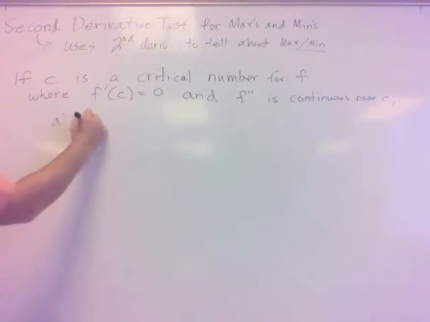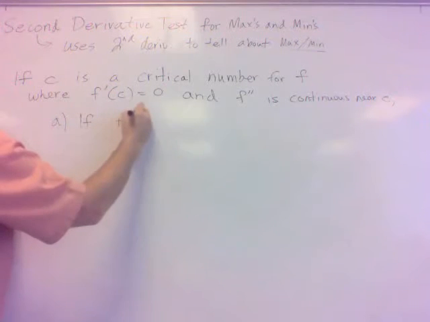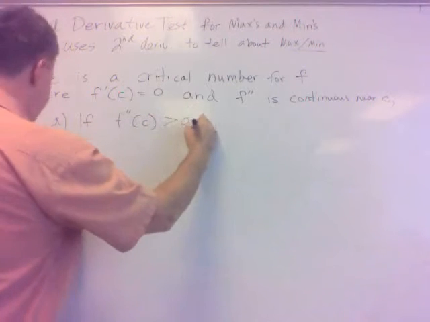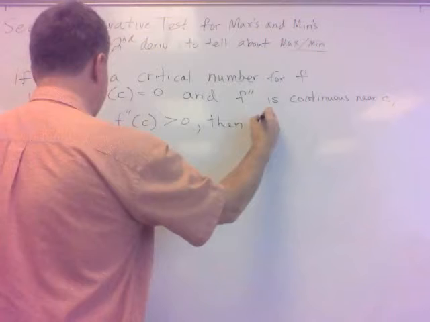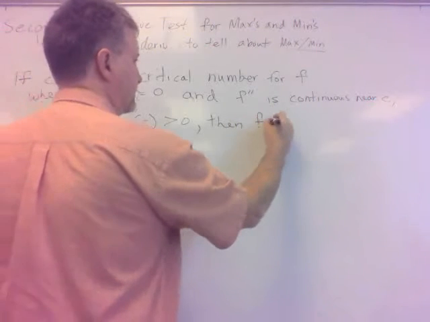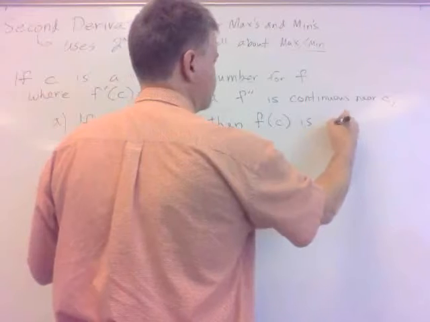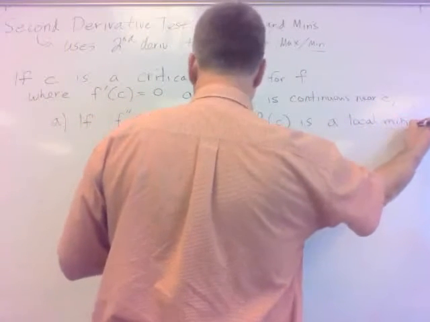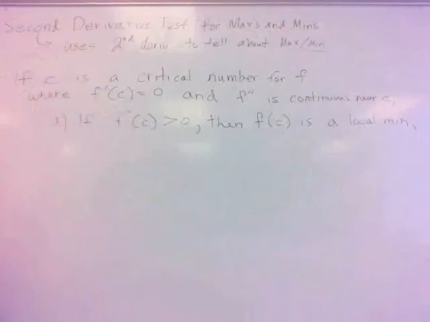A, if the second derivative at C is greater than 0, then f of C is a local min. Let me talk about the A part for just a second.